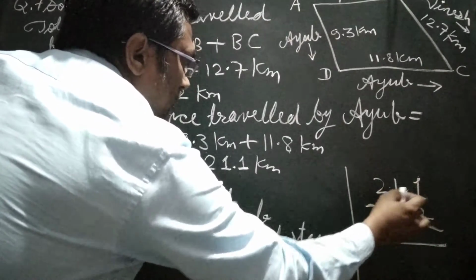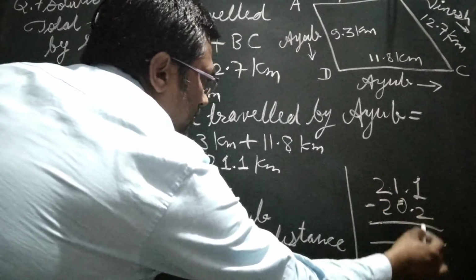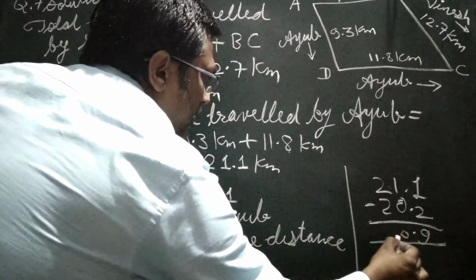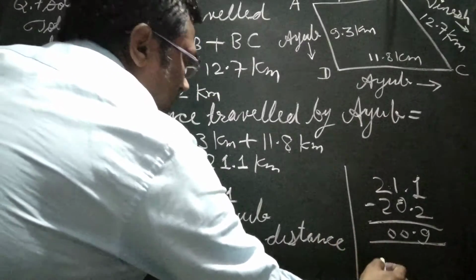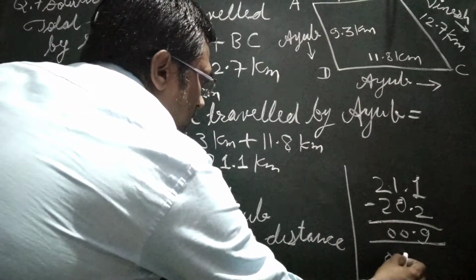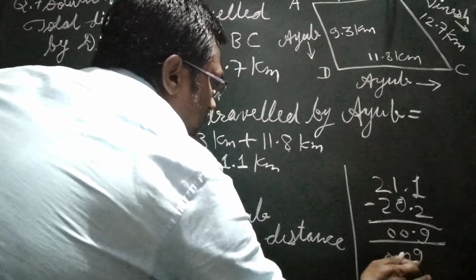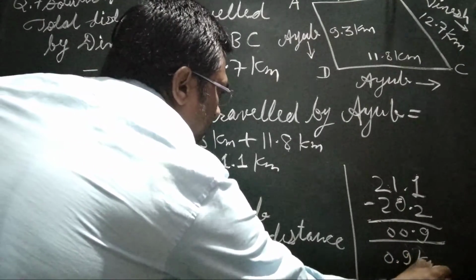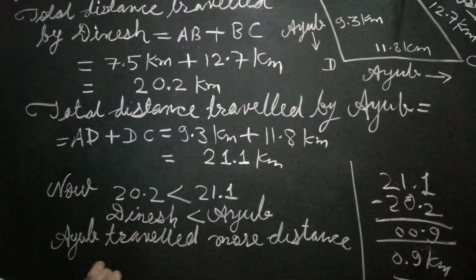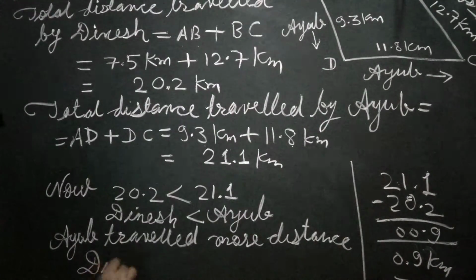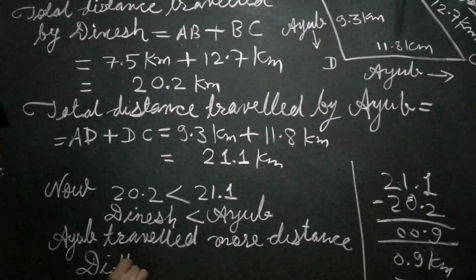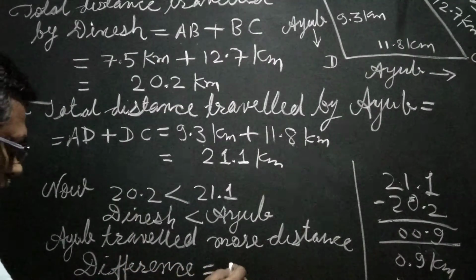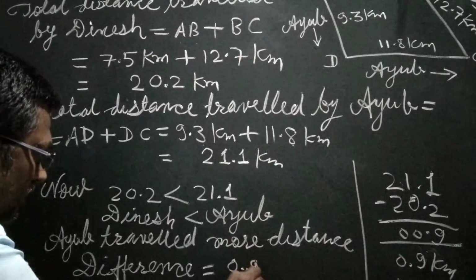So we will borrow 1, 11 minus 2 is 9, here 0 and 0. So the difference is 0.9 kilometer. So we will write the difference we have just got. The difference is equal to 0.9 kilometer.